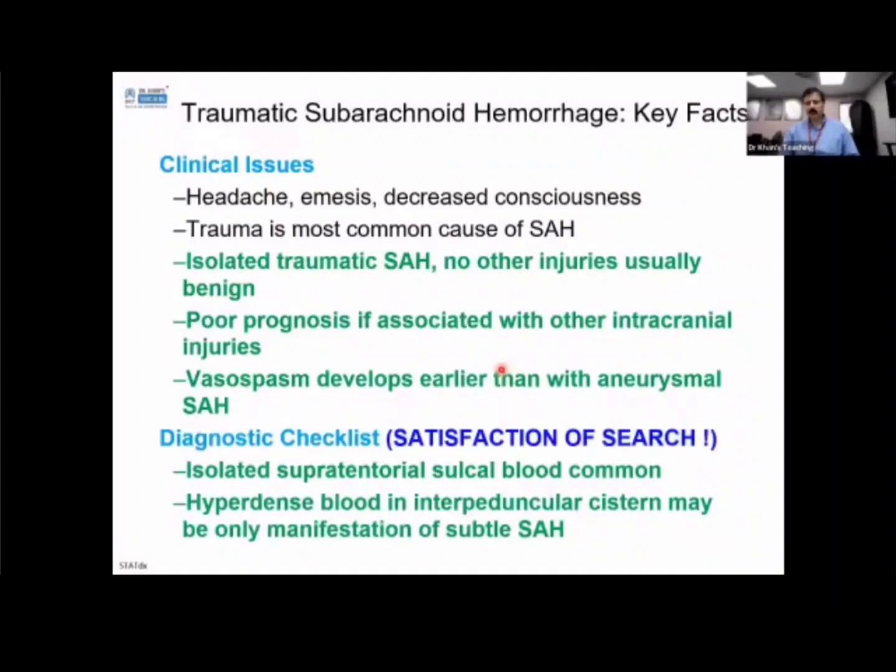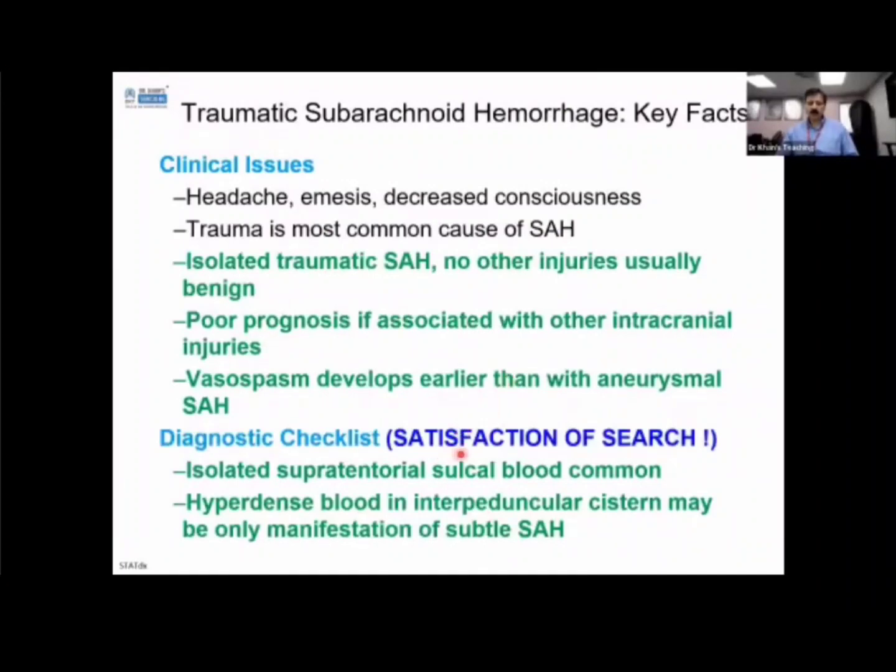Get some brownie points for that. The examiner might give you half a point, or sometimes this will be the only finding, and then you will get more marks for it. The satisfaction of search is what we are talking about. Please remember that traumatic subarachnoid hemorrhage is the most common cause of subarachnoid hemorrhage.